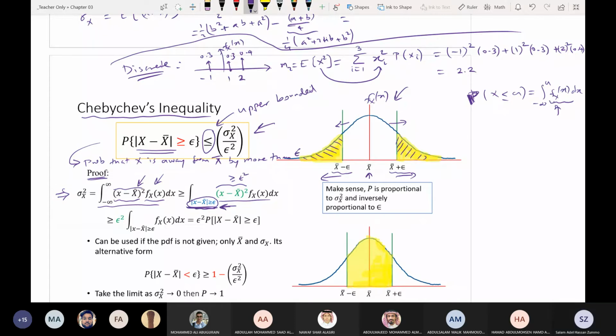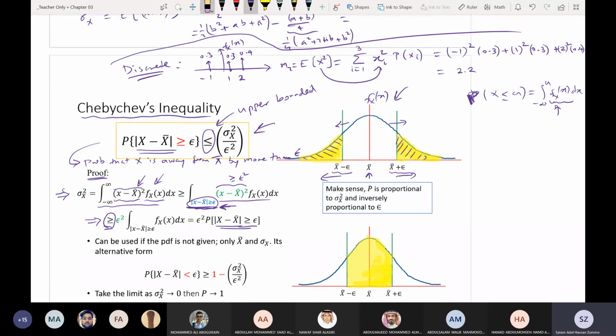Hence this integral is larger than epsilon squared multiplied by this integral. And this integral, we know, is the integration of the PDF over a specific range, which is by definition the probability that x lies in this range. It's the probability that x lies in the same range.